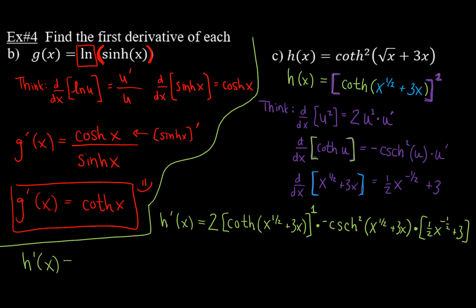Okay, the last thing we're going to do for our derivative is we rewrite it. So negative goes in the front, then 2. And since that hyperbolic cotangent is to the power of 1, we'll just write that next. Then I've got the hyperbolic cosecant.